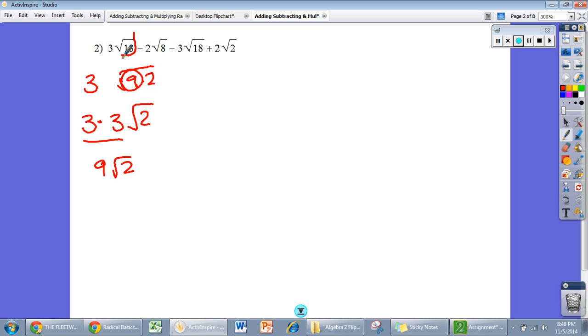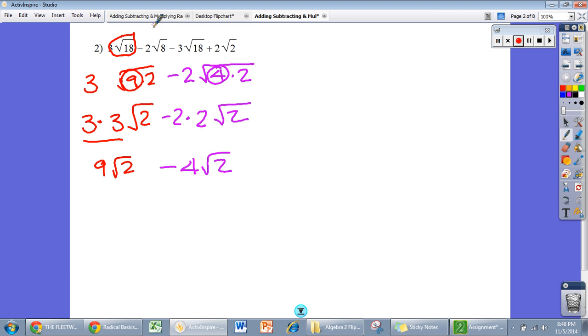And that is my first term here. My next term, negative 2 square root of 8. Negative 2, what can we break down 8 to be? 4 times 2. Square root of 4 is 2. Multiply it with this original negative 2. And we have square root of 2. Negative 2 times 2 is a negative 4 square root of 2. And that's my second.